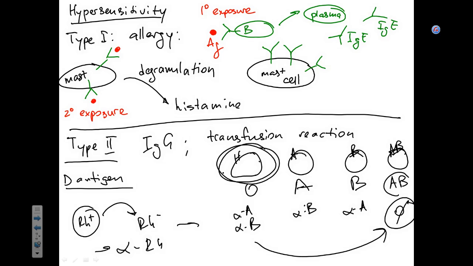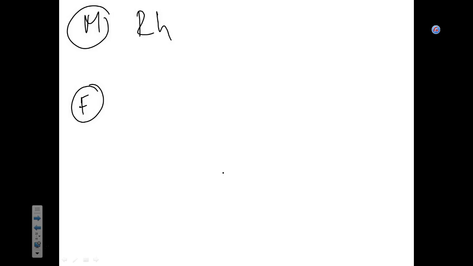Well, antibodies have to be formed first. So let's take a glance. You have mother, and you have fetus. And mother, in case of rhesus conflict, has to be rhesus negative, and the fetus will be rhesus positive.